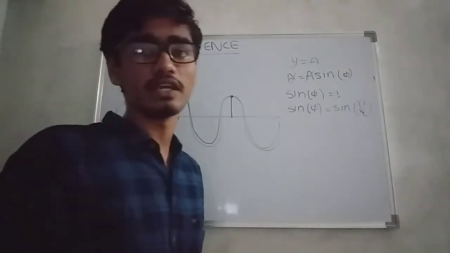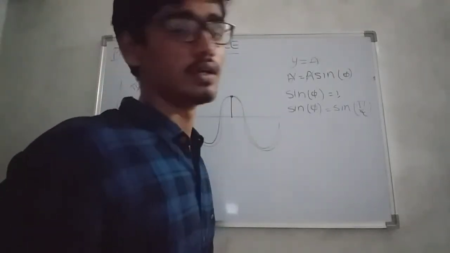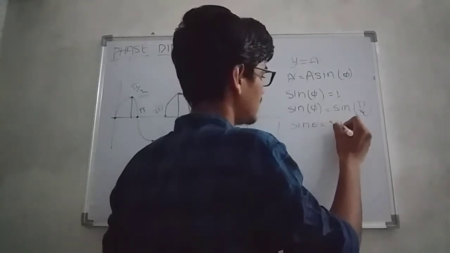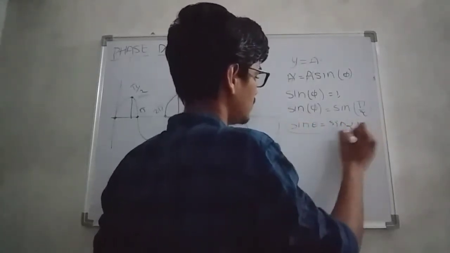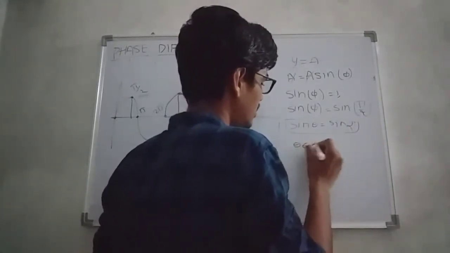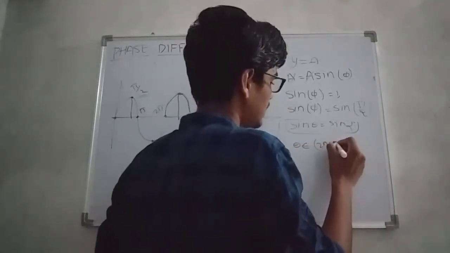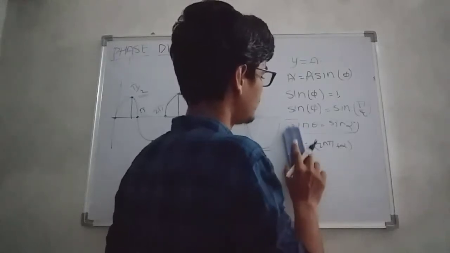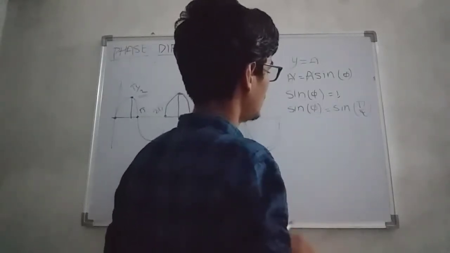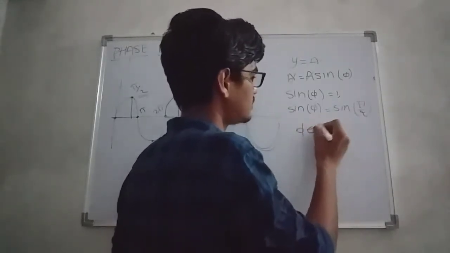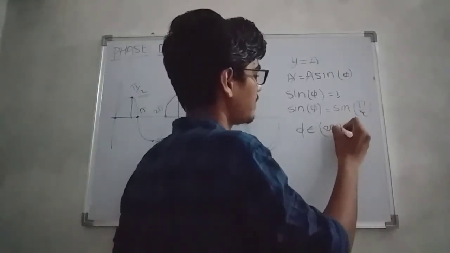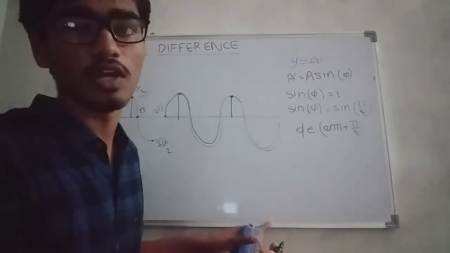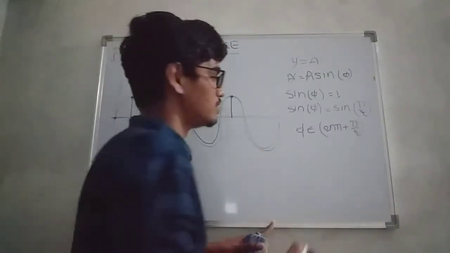From trigonometric equations, we know that if sin theta is equal to sin alpha, then theta belongs to 2n pi plus alpha. So using this formula, we can write phase belongs to 2n pi plus pi by 2.